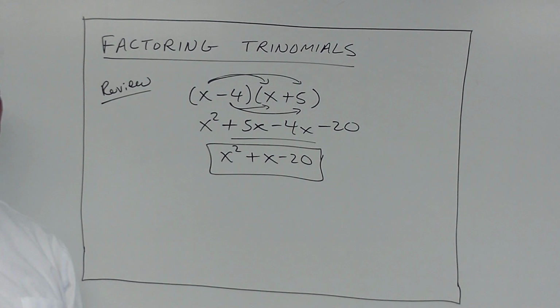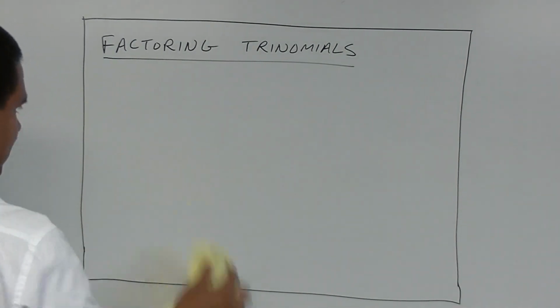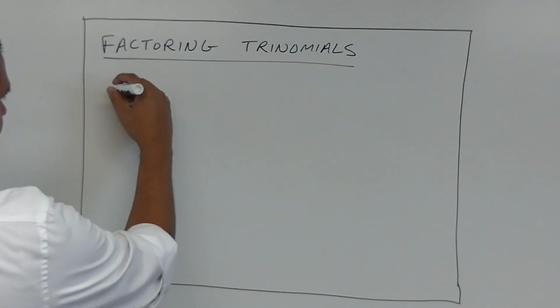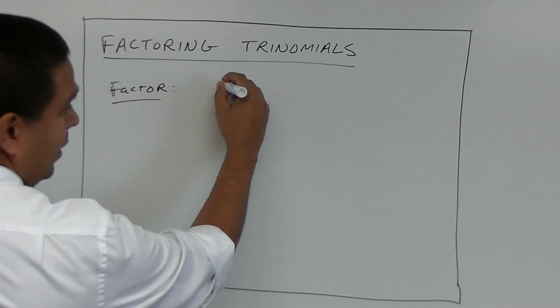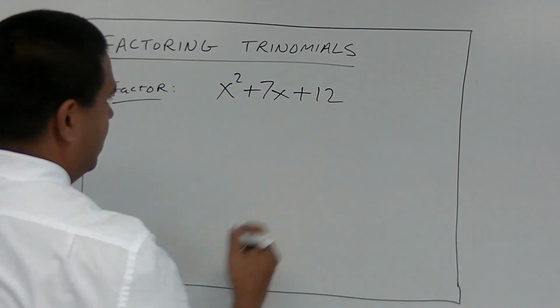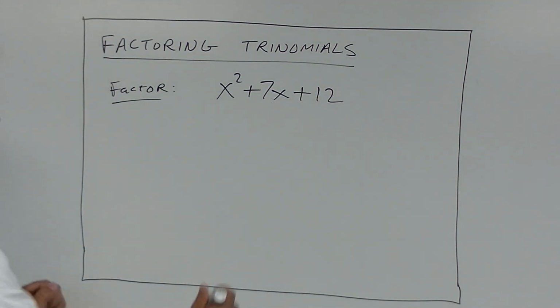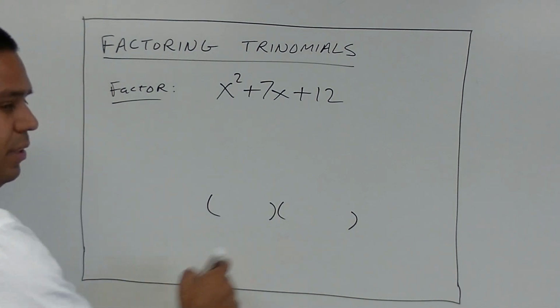So that's what we mean by factoring. So let's start with an easy example. If I say factor x squared plus 7x plus 12, we already know the result has to look like this, the product of two binomials.